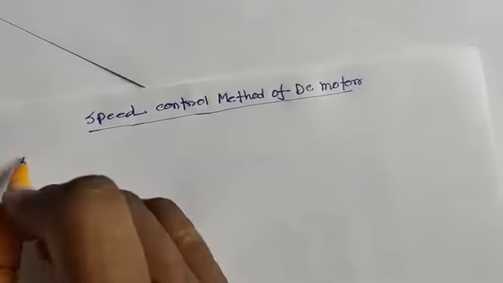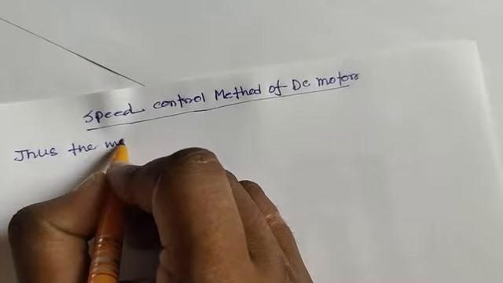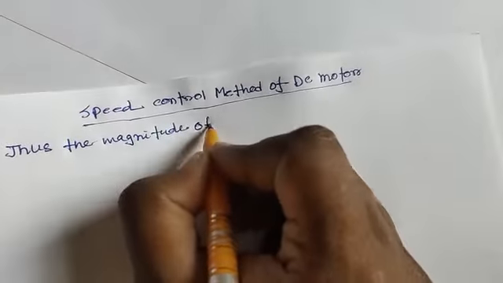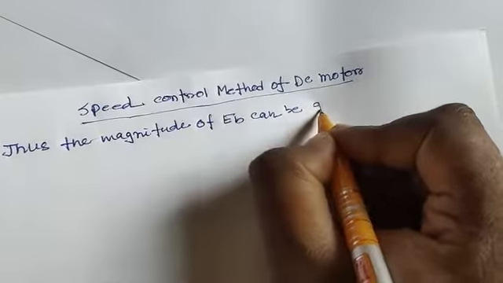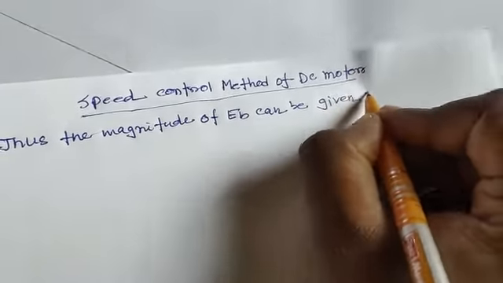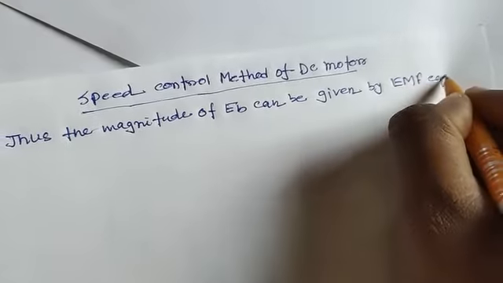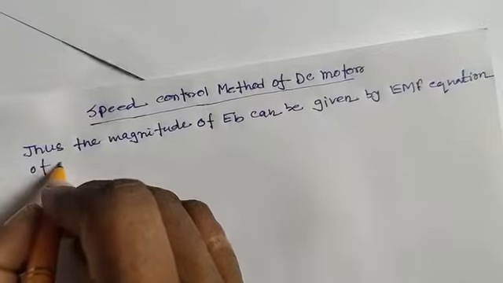Thus the magnitude of EB can be given by EMF, electromagnetic force equation of a DC generator.